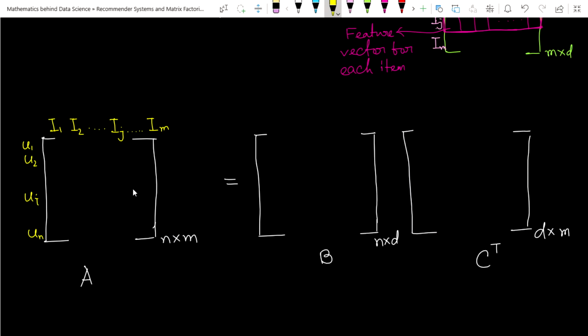If we just consider this element Aij, we can find this element like that. This is responsible for Ui, this features vector.